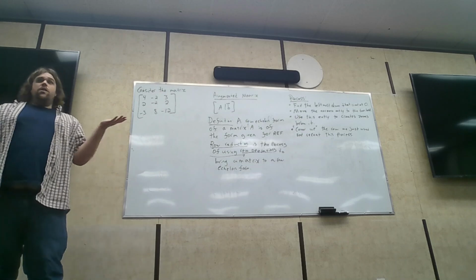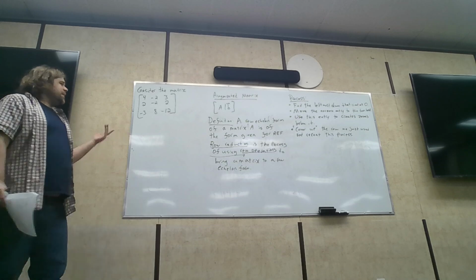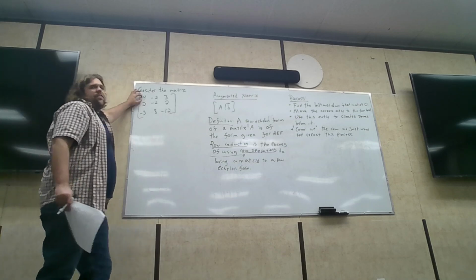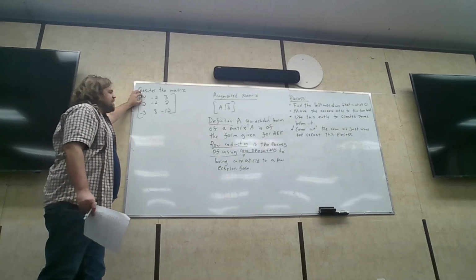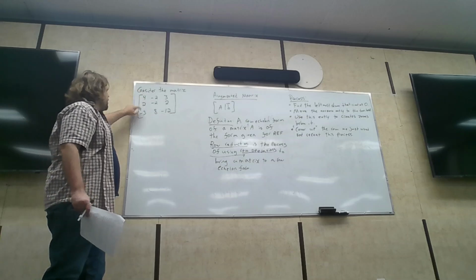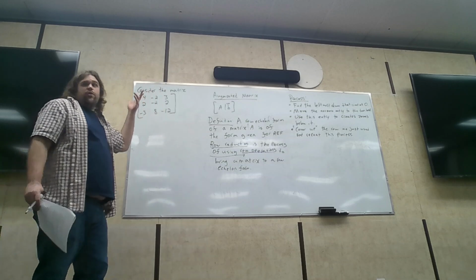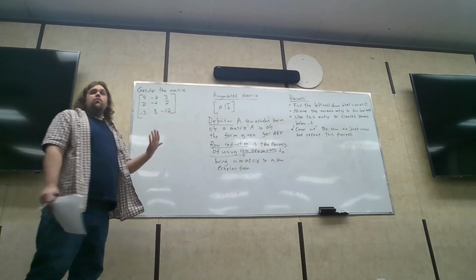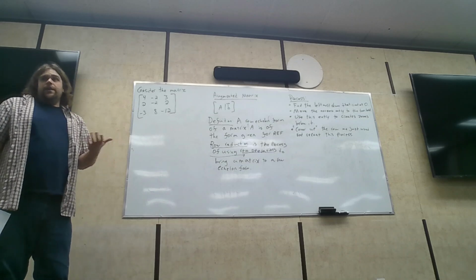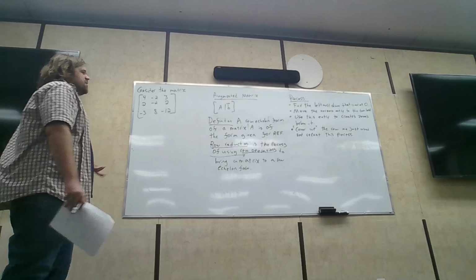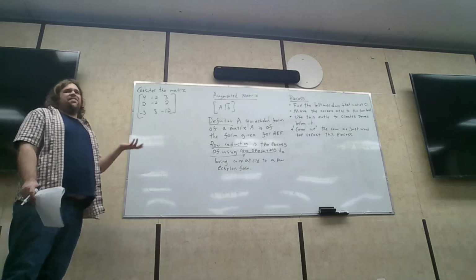Well, I can't tell you what to do, because the goal here is put a non-zero number at the top left and use it to make zeros below it. All three of these are non-zero, so you could pick any one of them, right? So you already have a choice. All of them will lead you to the same answer. It's just some of them will have horrible fractions. But I will always make it so that there is one path that does not.